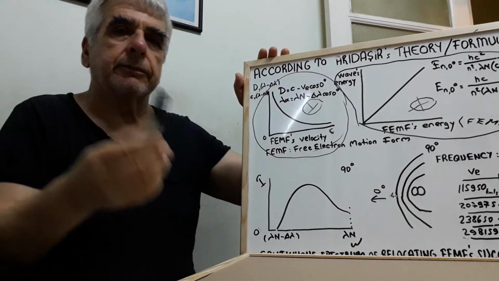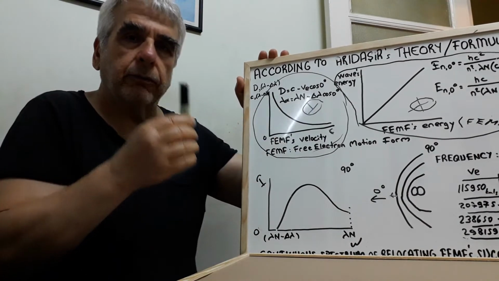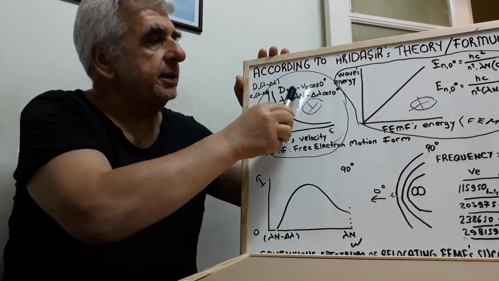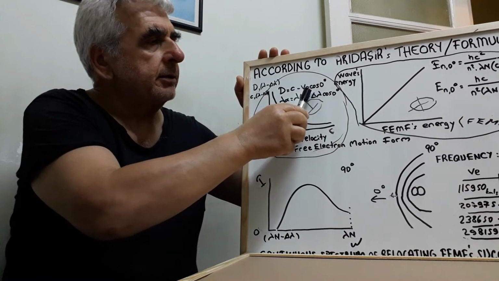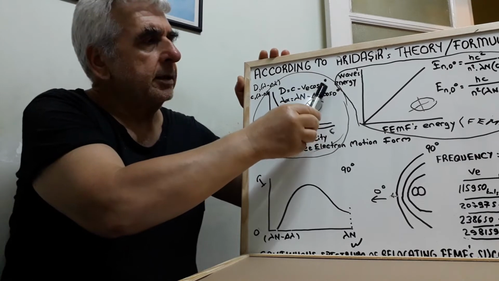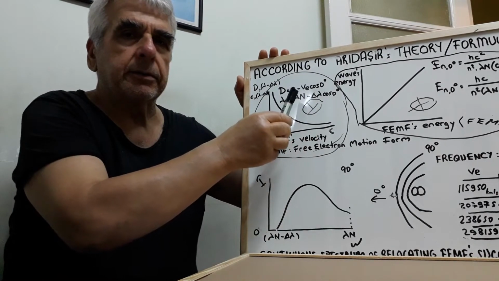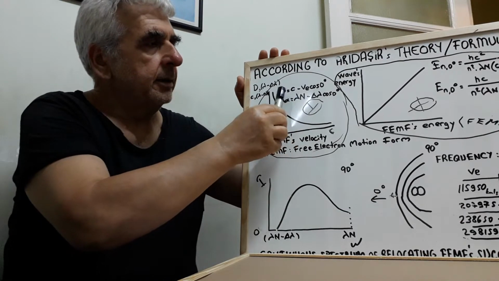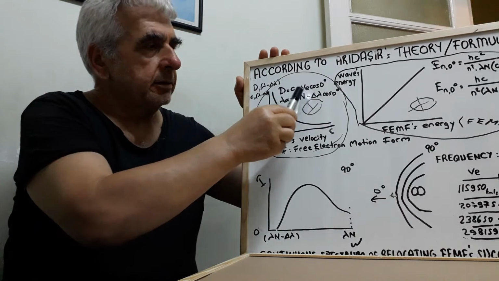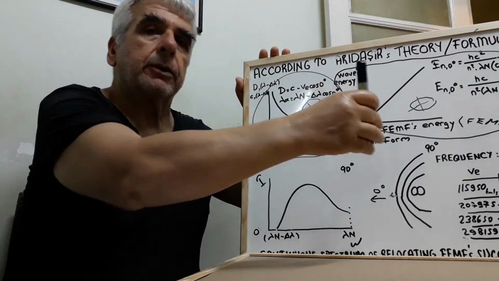Remember from my former videos, the wave velocity d at any point is equal to c minus electron motion form's velocity times cosine alpha. If this alpha is 180 degrees, d exceeds the speed of light.